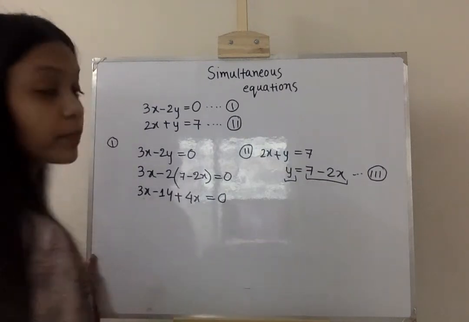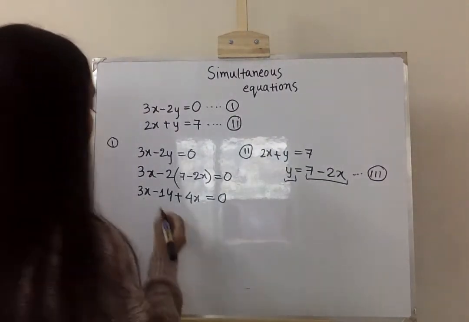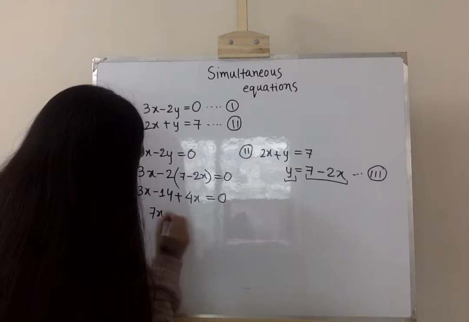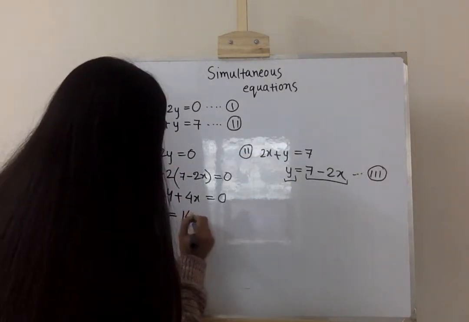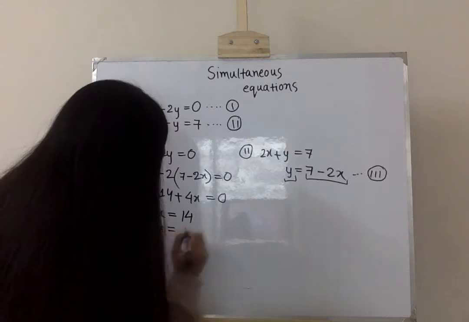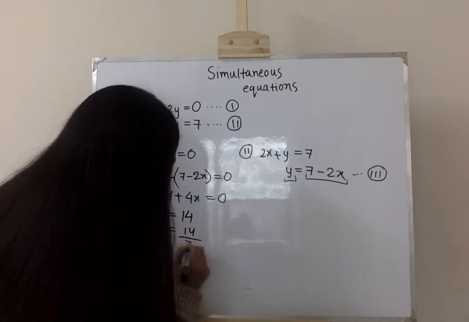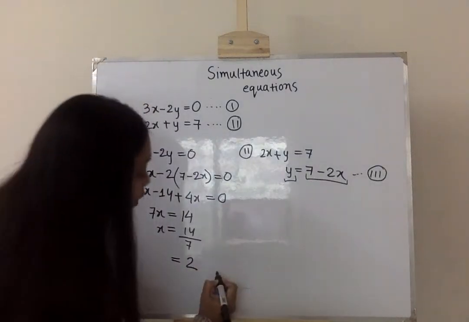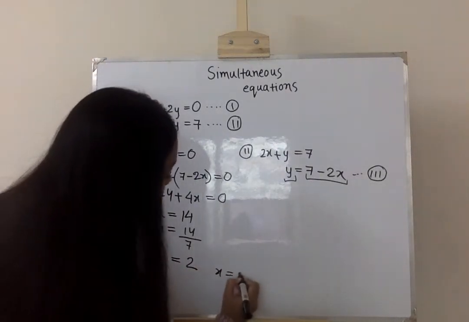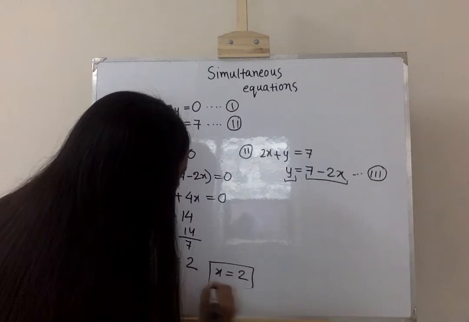Now 3x plus 4x is equal to 7x. So 7x is equal to, when minus 14 goes to that side, it is plus 14. x is equal to 14 divided by 7, which is equal to 2. We have got one part of our solution, that is x is equal to 2.